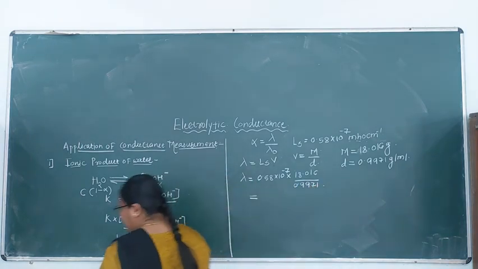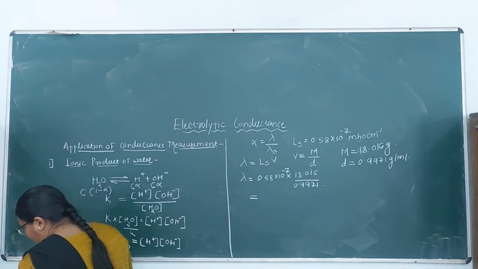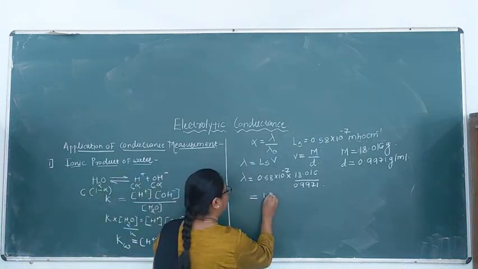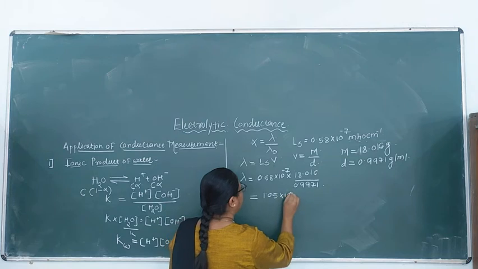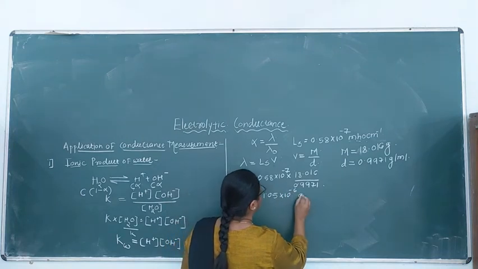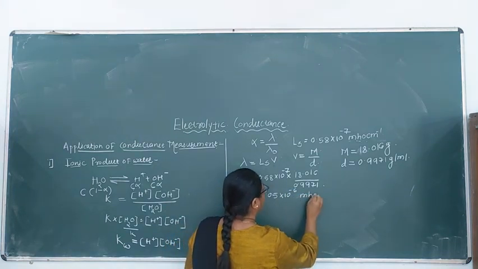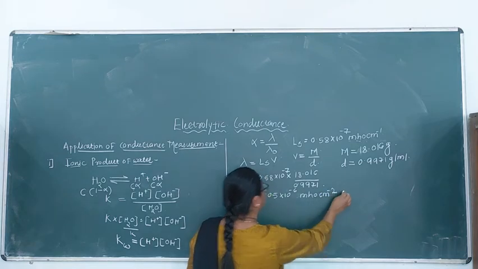So, equivalent conductance comes out to be 1.05 into 10 to the power minus 6 mho per centimeter square.